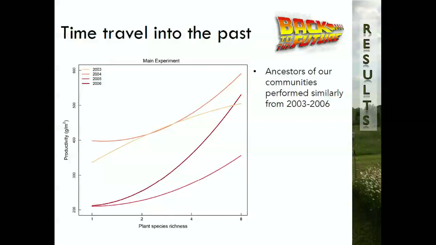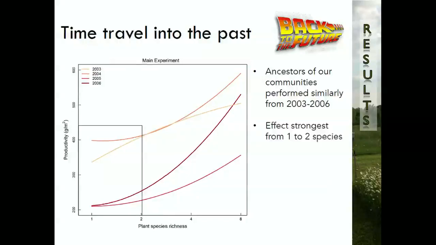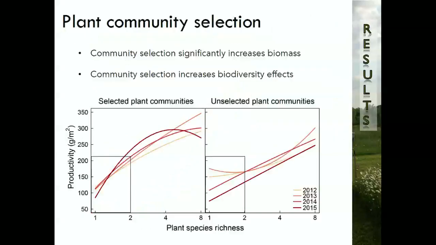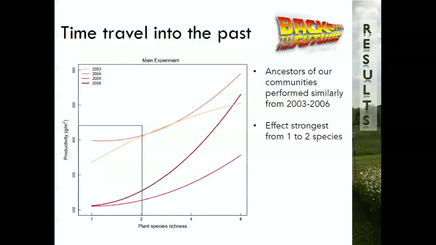So we looked at the years from 2003 to 2004, so the first 4 years of the experiment, and we found that actually this plot here looks more similar to this one on the right, so to the unselected plant communities, than to this plot of the selected plant communities, because again, when you go from 1 to 2 species here, this slope is actually quite flat. So it seems that basically the ancestors in the beginning of their selective process perform similarly to this new unselected treatment that we have in the field.